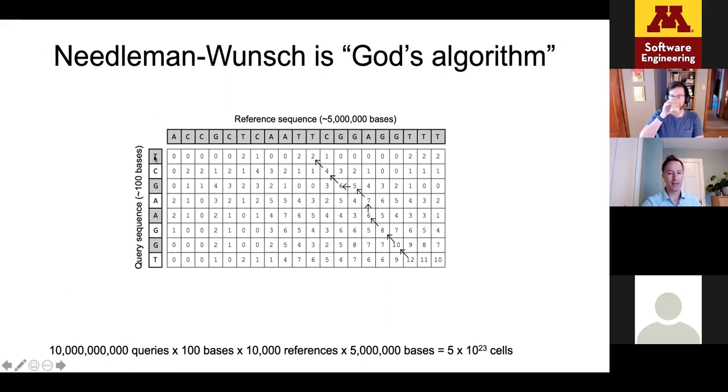Basically, you take the rows as the characters in the search string, the query. The columns are the characters in one reference string. And then you fill the table in row by row, making sure that the current choice is optimal given the choices around it.